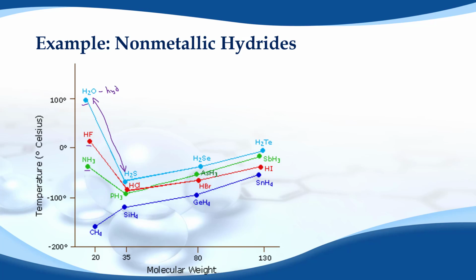The light blue one is all of the hydrogen compounds of group 16 elements: oxygen, sulfur, selenium, tellurium. The red one is group 17, the green one is group 15. Again, notice NH3, HF, H2O have much, much higher boiling points than anything else in their column, and also significantly higher than that of CH4. The reason why is that NH3, HF, and H2O will form hydrogen bonds.